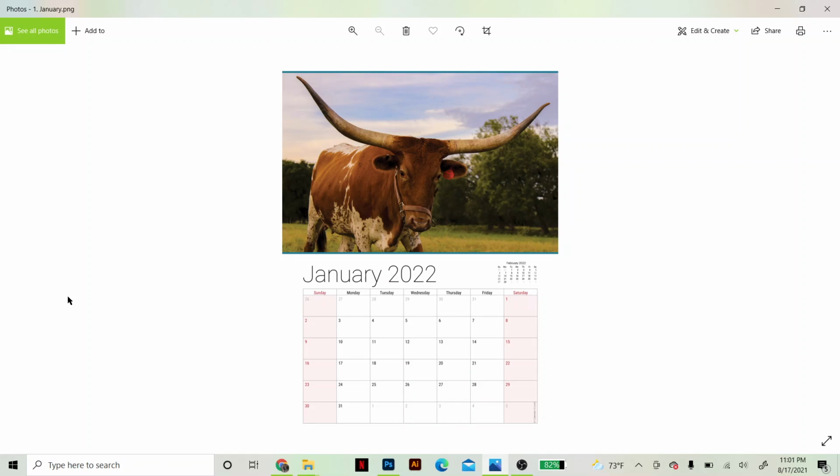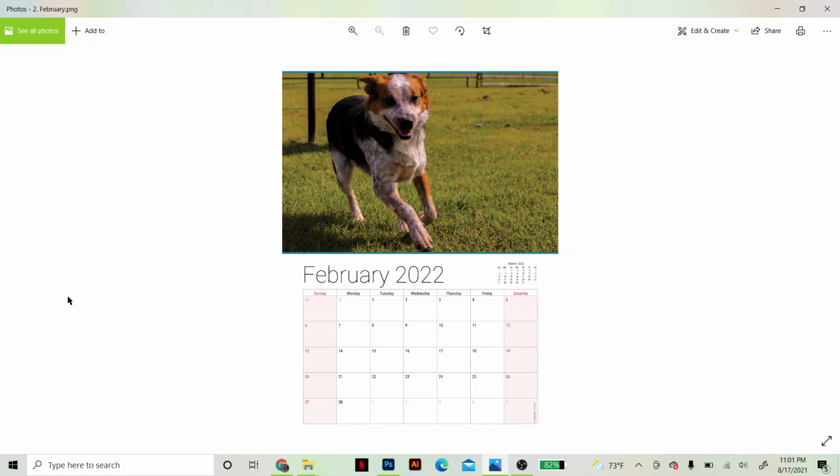So for the first one, the ISO was 100, the aperture was 5.6, and the shutter speed was 1 out of 125. For my second image, it is ISO 200, aperture 4.5, and shutter speed 1 out of 2500.